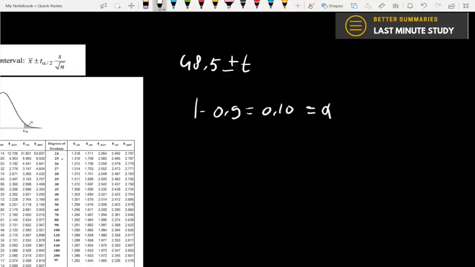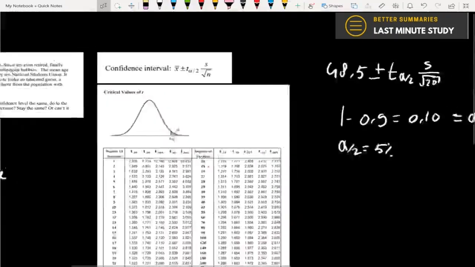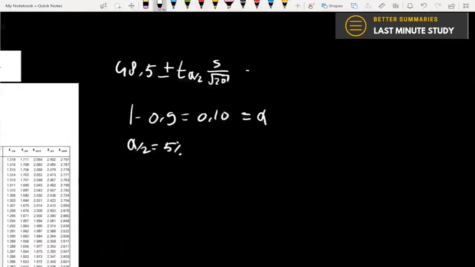And we want alpha over 2, so alpha over 2 is going to be 5%. Times the standard deviation over the square root of 20. What was the standard deviation? 14.4 years.